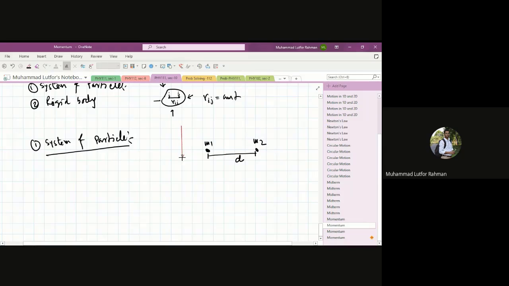It depends on the choice of your origin. If you change your origin, the center of mass could change.